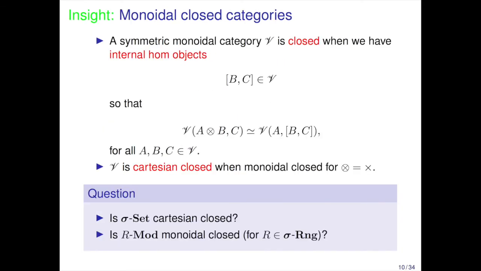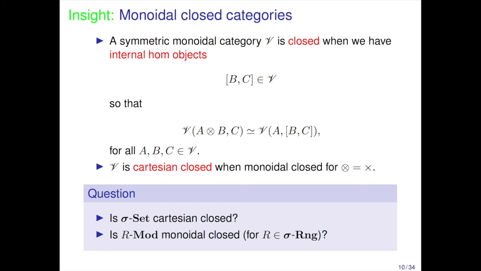Something wrong, something very wrong. Okay, then you rumble through category theory literature, and you come across the definition of monoidal closed categories. So a symmetric monoidal category V is closed when, for any two objects B and C, you have internal Hom objects. So these are not Hom sets, like in usual category theory, but this is, again, an object of the same category, and this object fixes the problem with Hom tensor duality.